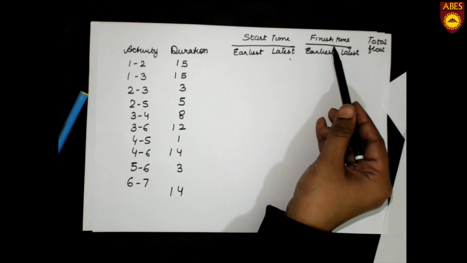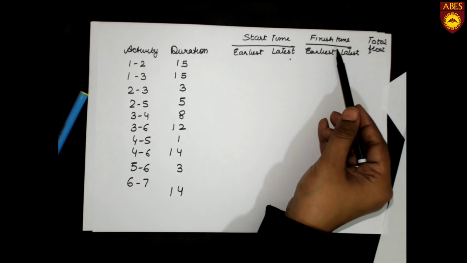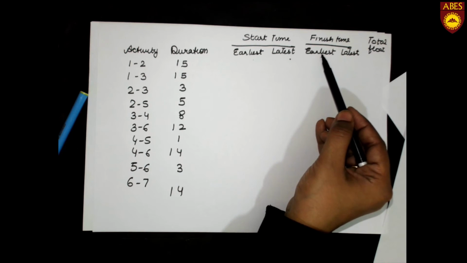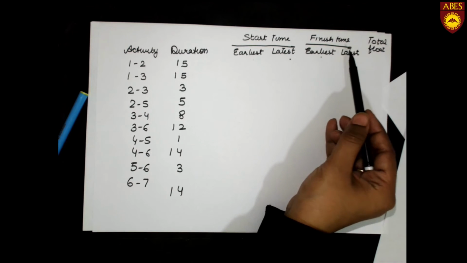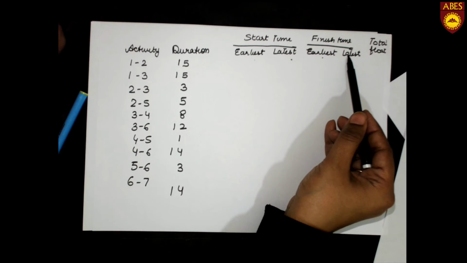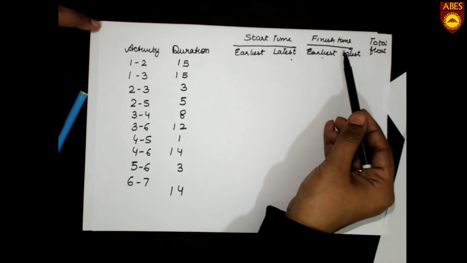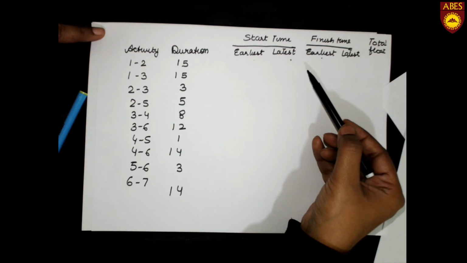In finish time we have the earliest time at which the activity can be finished, and in the latest time we see how late we can finish the activity without delaying the project.